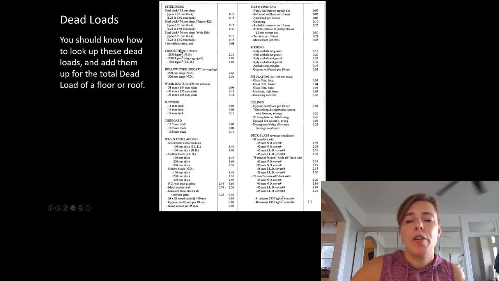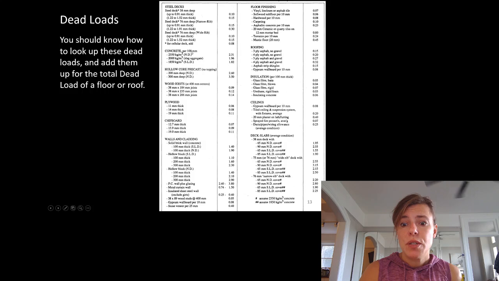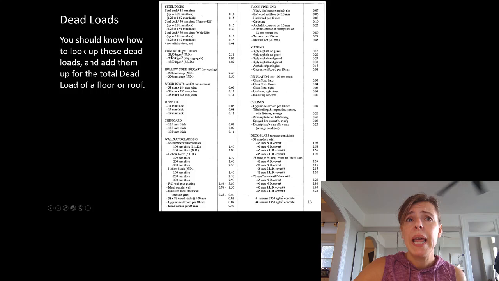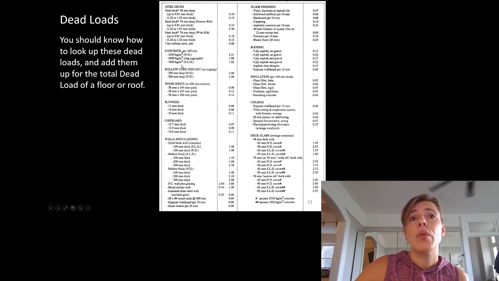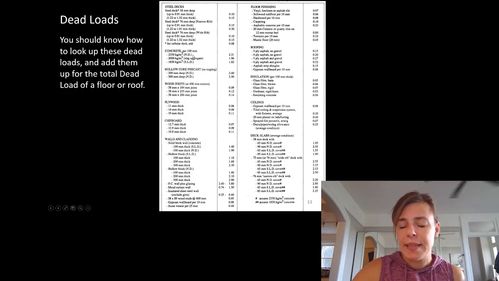Let's see what else is on here. Concrete per 100 millimeters thick. Remember, 100 millimeters is about 4 inches. So if we say 4 inches, we're talking about 100 millimeters of concrete. We have it broken out into different weights. There's super light density, slag aggregate, and ND. ND is normal density.